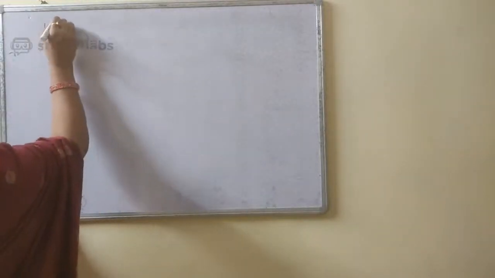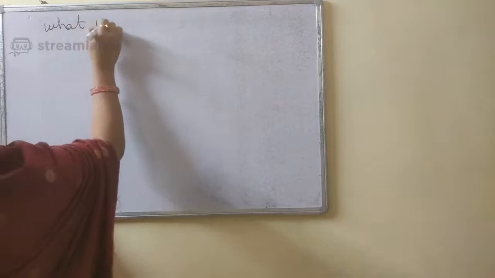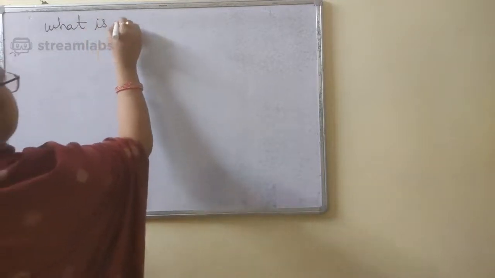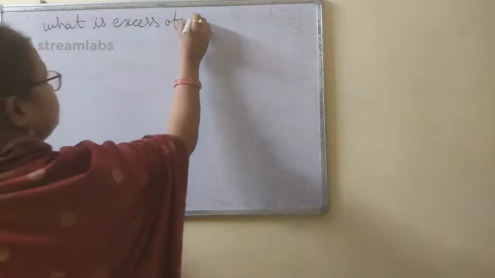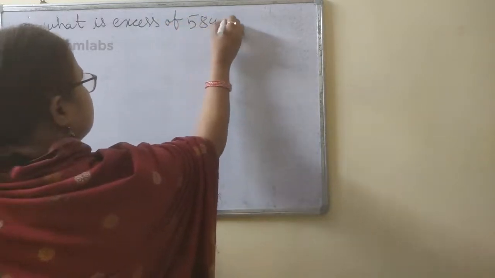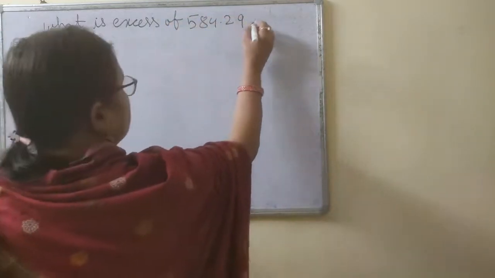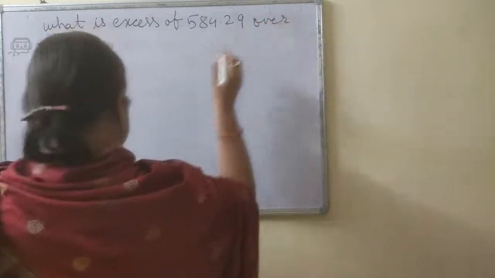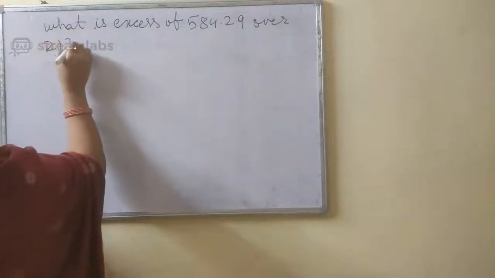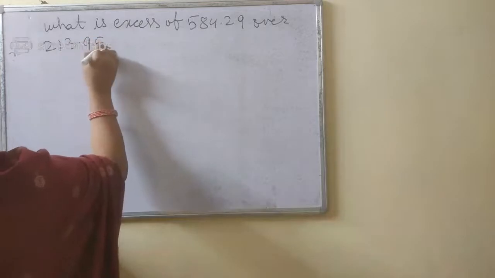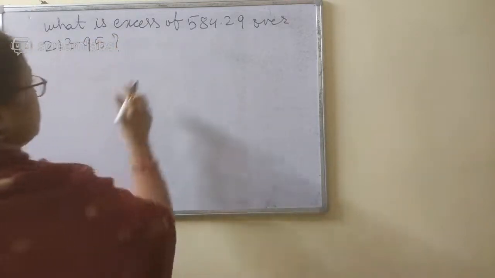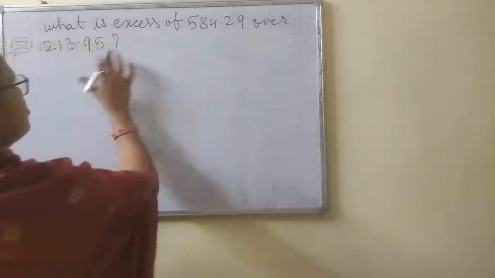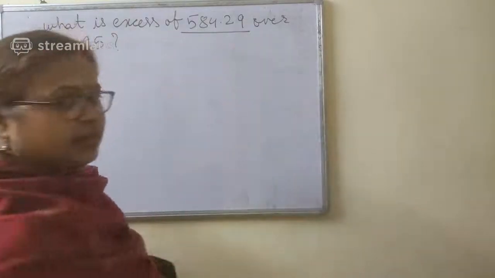Next is, what is excess of 584.29 over 213.95? So what is excess of this over this? Means what? This one is greater. Clear?